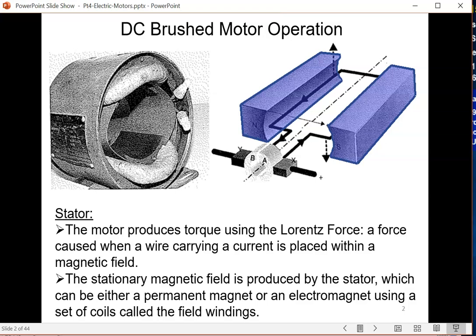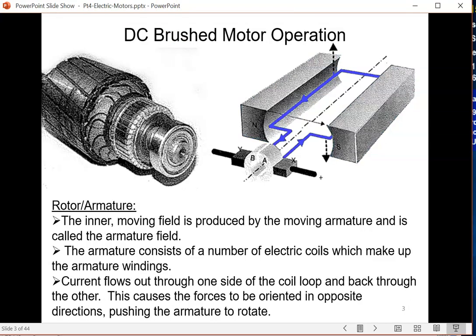So that's why they call it field windings. So that's the stator. Then there's a moving part, the part that rotates, and this is called a rotor. On a rotor, you have coils as well. This coil is called the armature winding. Now the armature winding is connected to the power source through commutators and brushes.